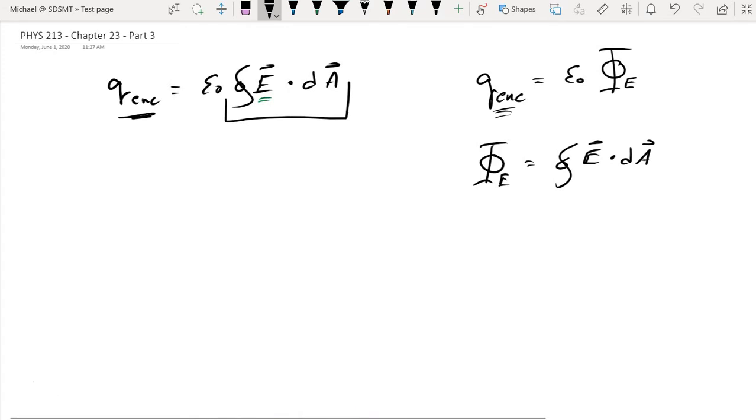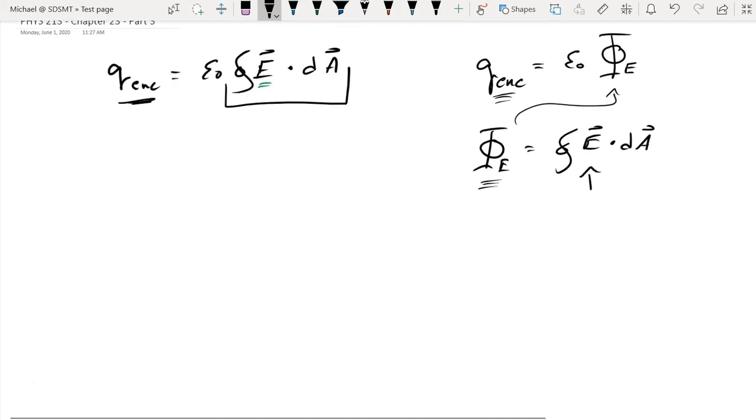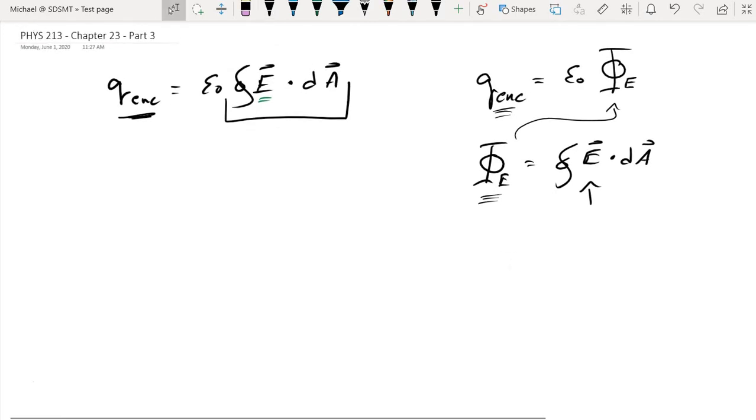We want to figure out what the charge is. One way to do that is, if we already know what the electric field is, we can plug that expression into our integral, carry out the integration to produce the electric flux, and then all that's left is to multiply that by the permittivity constant, epsilon naught. Now, easier said than done.